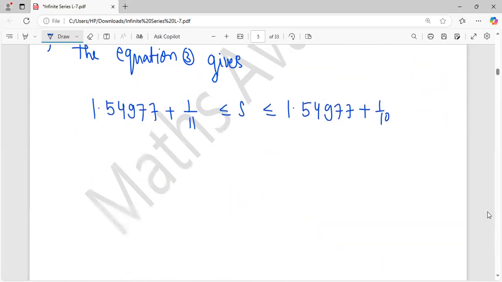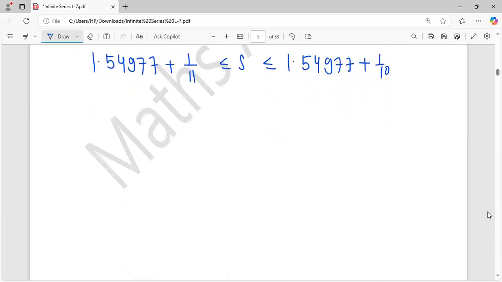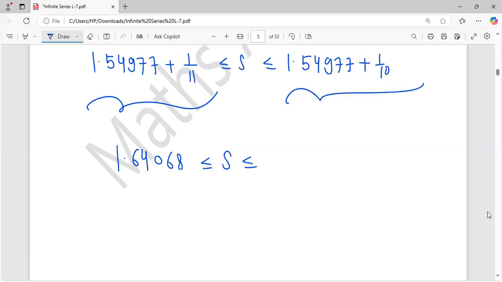So this is going to be 1.64068, and this is 1.64977.